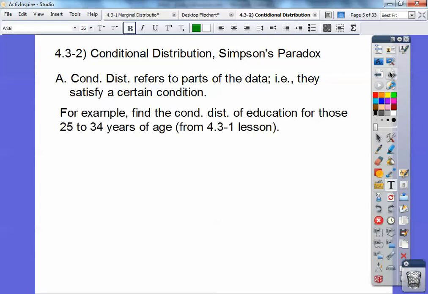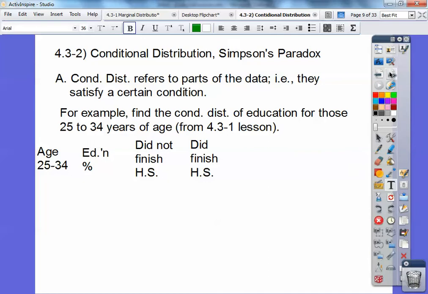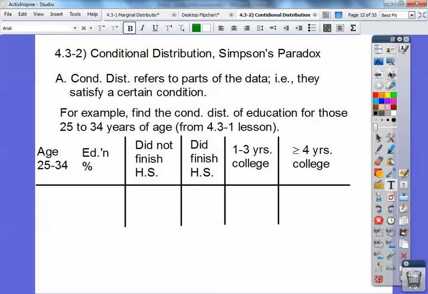So here's an example of a conditional distribution. Find the conditional distribution of education for those in the 25 to 34 years range. We got this data from the other video, 4.3-1. So we have age and education: the people who didn't finish high school, people who did, 1 to 3 years of college, and greater than or equal to 4 years of college. This is just for the 25 to 34.